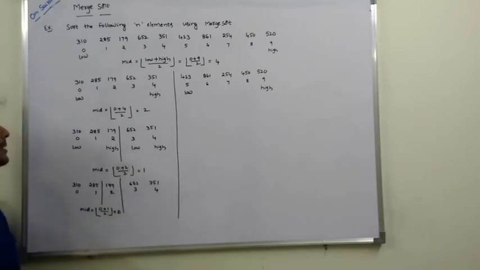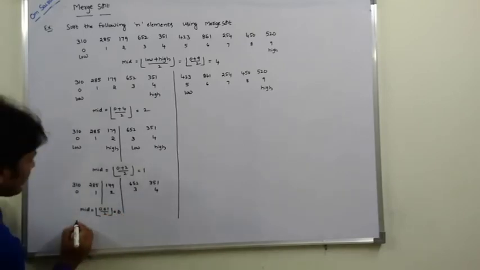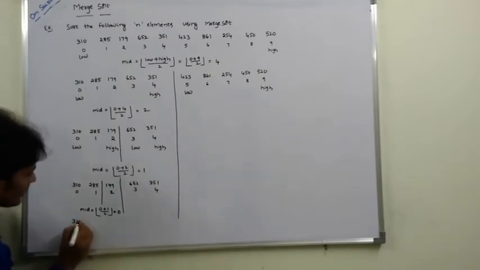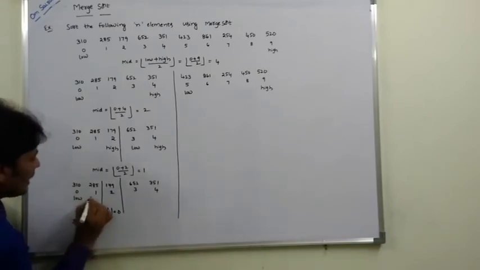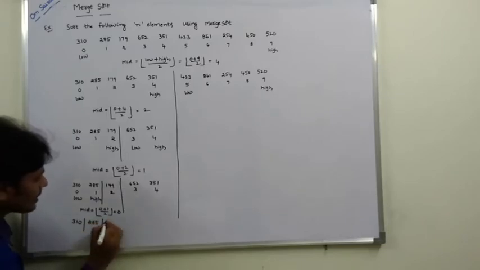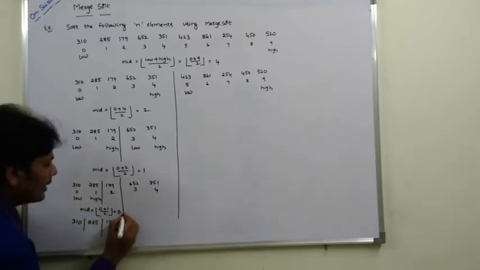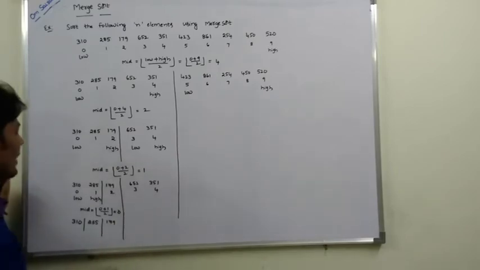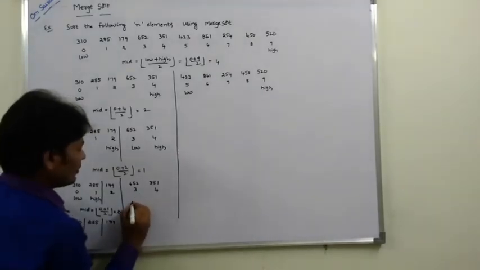That is, we can take as 0. So that is, 310. This is the low value and this is the high value. Okay. So 310, 285. Next contain 179.